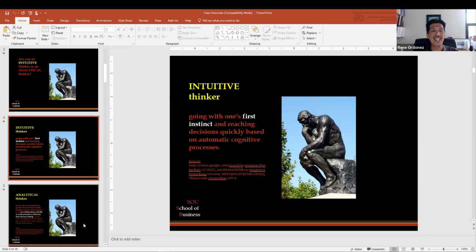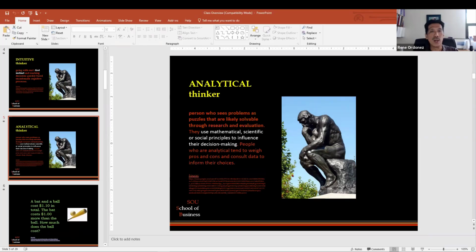Whereas an analytical thinker is one that uses mathematical, scientific, or social principles to influence their decision making. So more perhaps, as a business person, collecting data and transforming that data into information, and that information is used in the decision-making process.